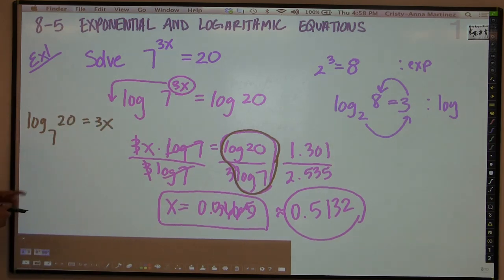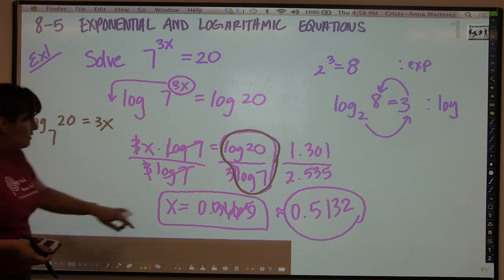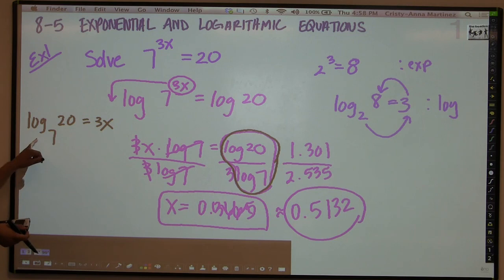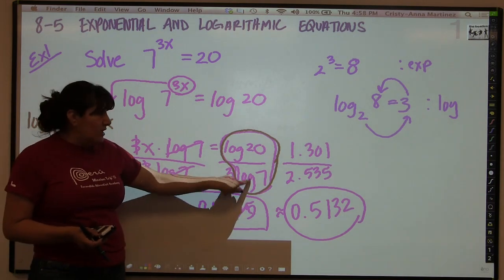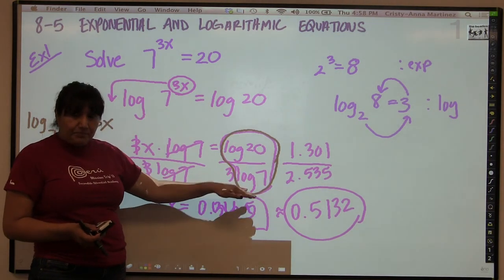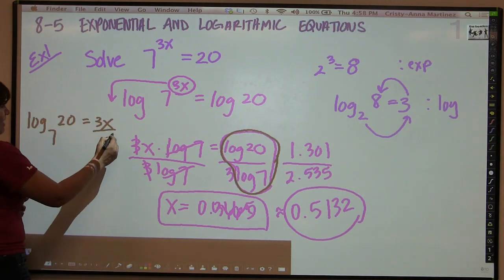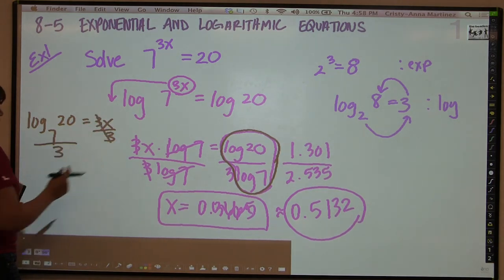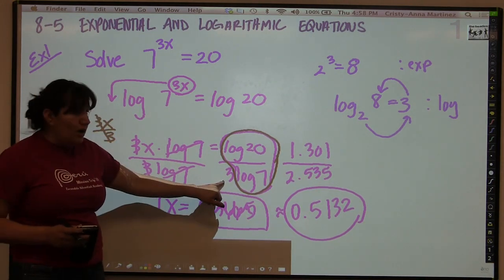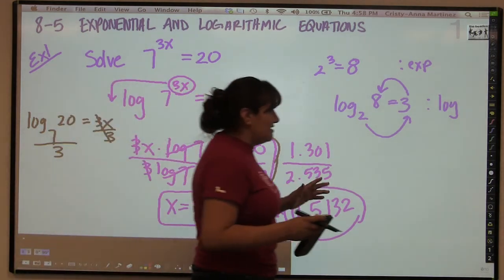This is a base 7, and we said you can't solve this with your calculator because we don't have a button for log base 7. But if I convert log base 7 of 20 with the change of base formula, it would be log base 10 of 20, which you see here, divided by log base 10 of 7, which you see on the bottom. So you end up with the same process, but you get it a lot faster this way. And of course, we divide by 3 to get rid of the 3 there, and that's why you have the 3 on the bottom as well. So I'm just showing you that it is the same thing.